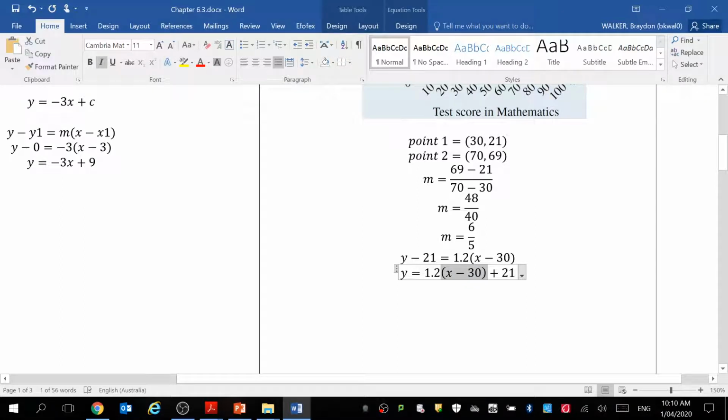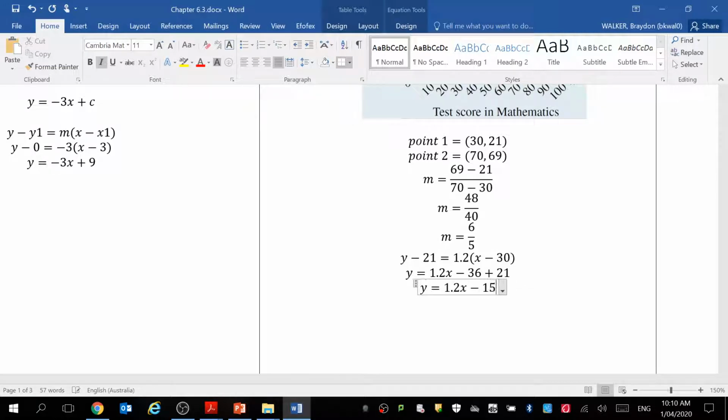So it's going to give us 1.2x minus 1.2 times 30, that's 36. Yep, 36. Okay. Then simplifying this down again, negative 36 plus 21 is going to be minus 15.